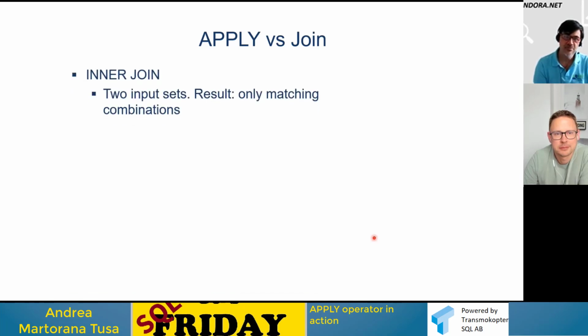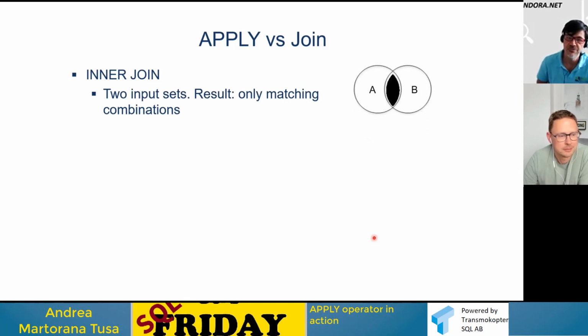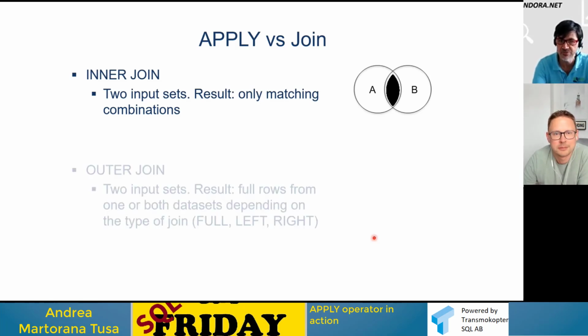When you step into the apply operator, you can also think, but why shall I use apply versus join? What's the difference between using an apply and using a join? Just a quick recap of how the standard join operators work. With an inner join, you have two input sets, and the output is only the matching combinations, so every time there's a correlation, you get an output.